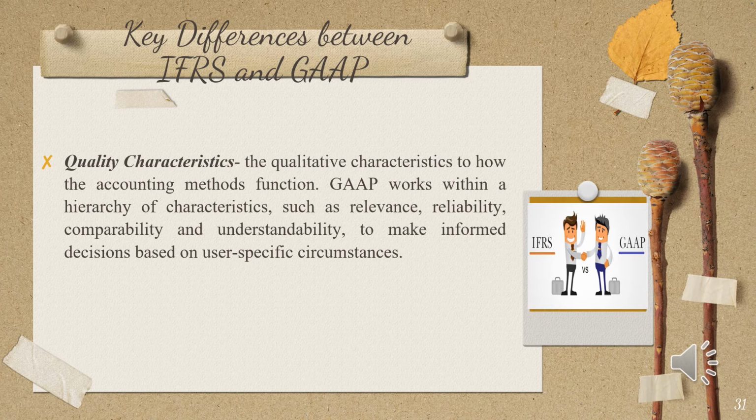IFRS has the same properties as GAAP, but with the distinction that judgments cannot be based on an individual's personal circumstances. So, lahat ng mga nabanggit na differences na ito ay mahalaga na malaman ng isang company or businesses or ng mga accountants para makapag-transact sila or makagawa sila ng transaction ng businesses internationally.